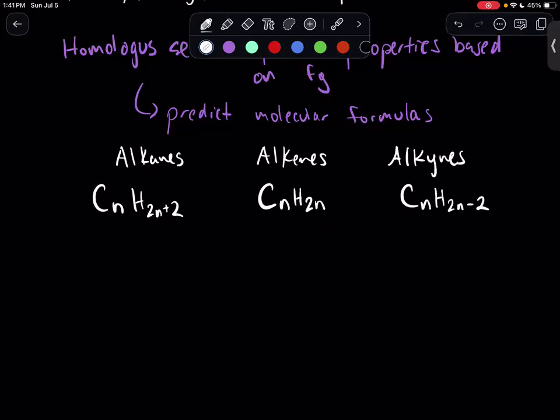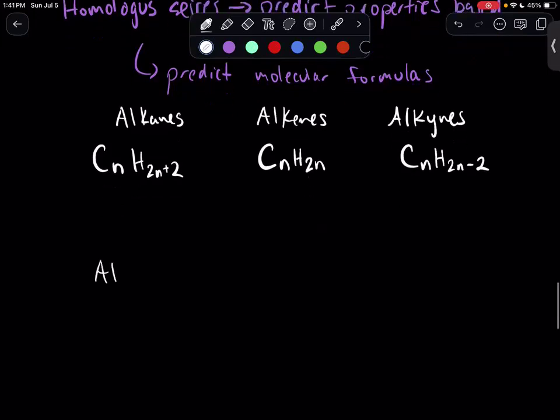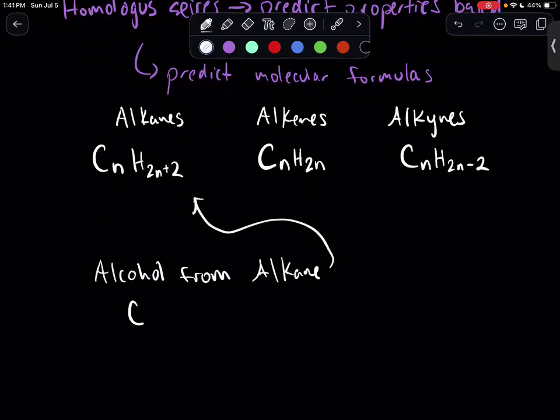When you are making an alcohol from an alkane, it's actually the same formula, CnH2n+2, plus an oxygen, because that oxygen is taking the place of one of the hydrogens and still keeping the hydrogen there as a hydroxyl group.